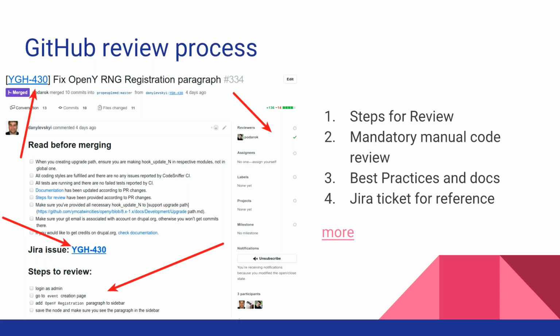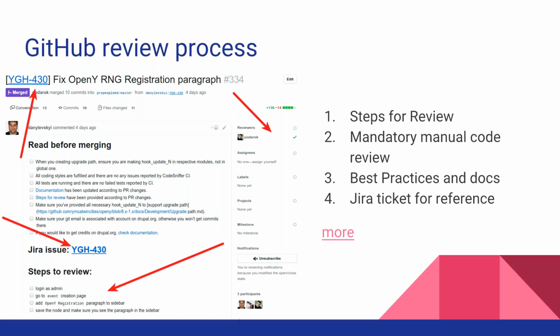In the future, it is going to be Workfront. Down below, there are steps for review created by the developer. Next, we are trying to keep best practices and docs at the top of the message. They are automatically added to every project that we are working on.